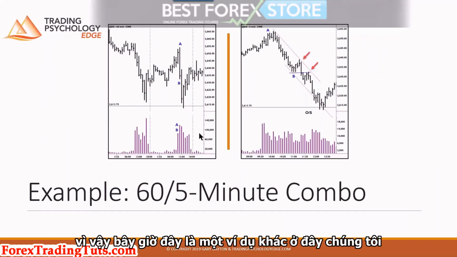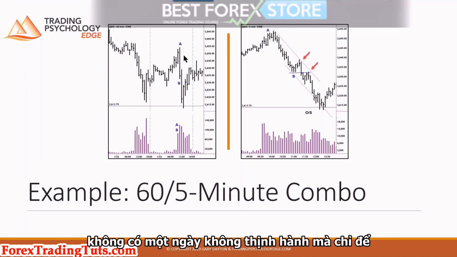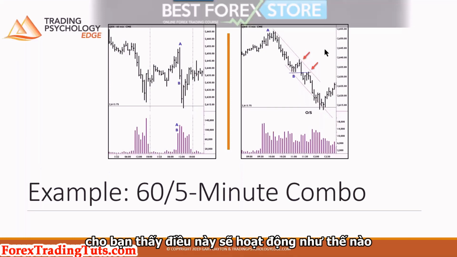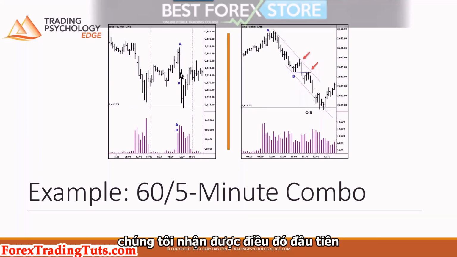So now here's another example. Here we have a non-trending day, but just to show you how this would work. We get that first big bar, the first good strong bar on the hourly here, and I've labeled that A to B, so you get a sense that this is the range of that bar.